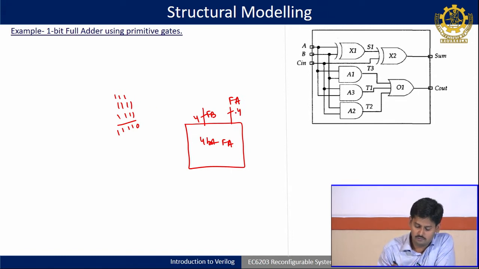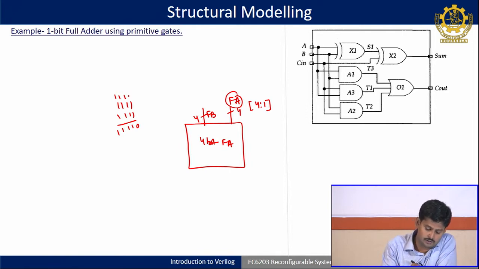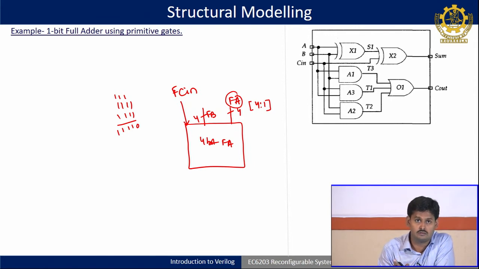Now this FA is a vector, so I can write something like 4:1, 4 bit. At the same time, for the carry addition I can take one input called FCin. This would not be a vector, single bit.